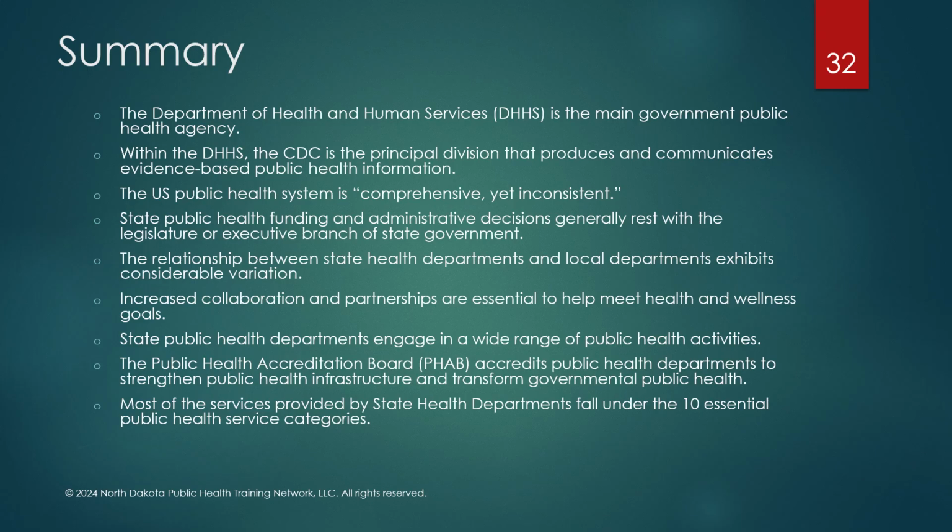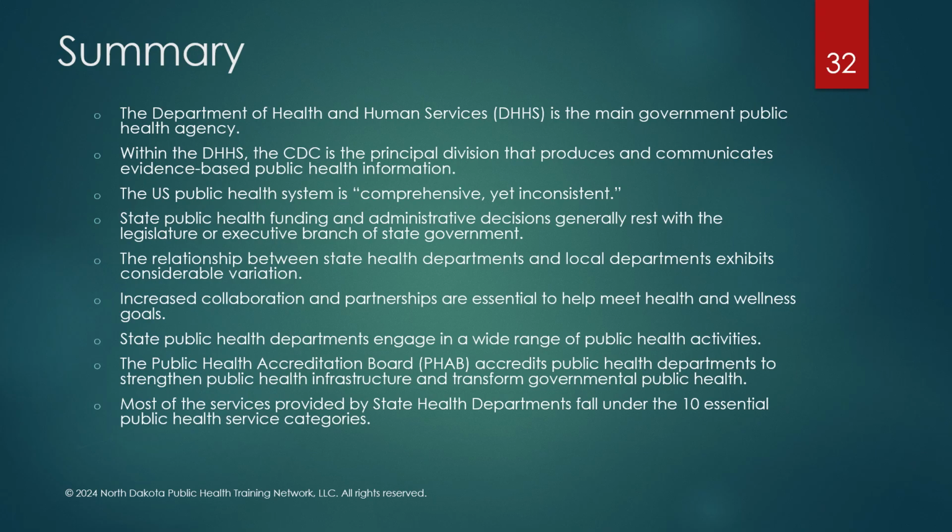In summary, the Department of Health and Human Services, DHHS, is the main government public health agency. Within the DHHS, the CDC is the principal division that produces and communicates evidence-based public health information. The U.S. public health system is comprehensive yet inconsistent.